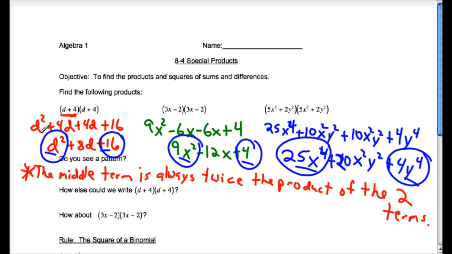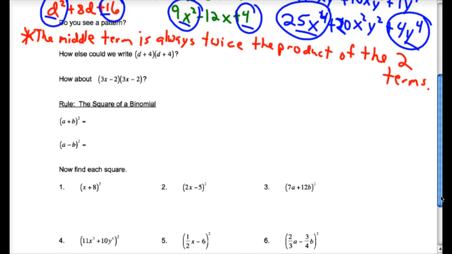What's 3x times negative 2? Negative 6x. Double it, negative 12x. What's 5x squared times 2y squared? 10x squared y squared. Double it. 20x squared y squared. The middle term will always be twice the product of the two original terms.